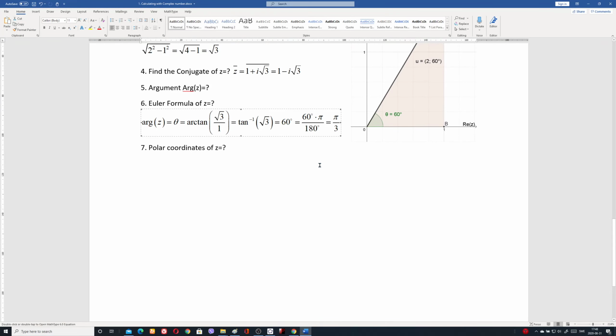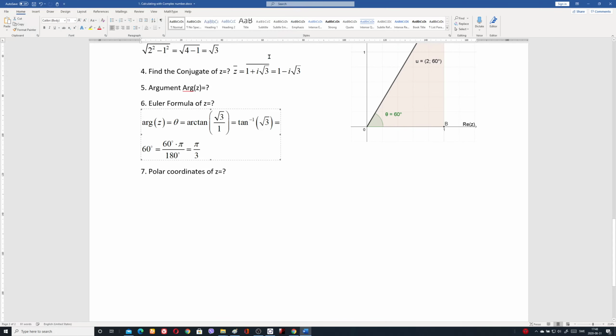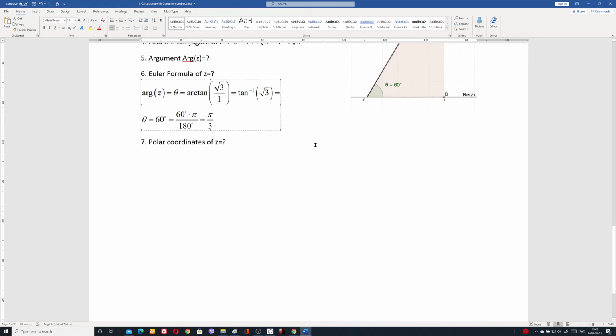Okay, so now we come to the Euler formula. Here is the argument, theta equal to that.